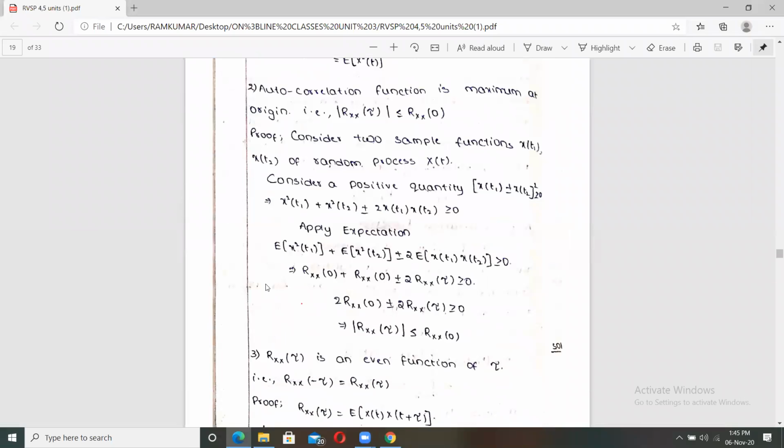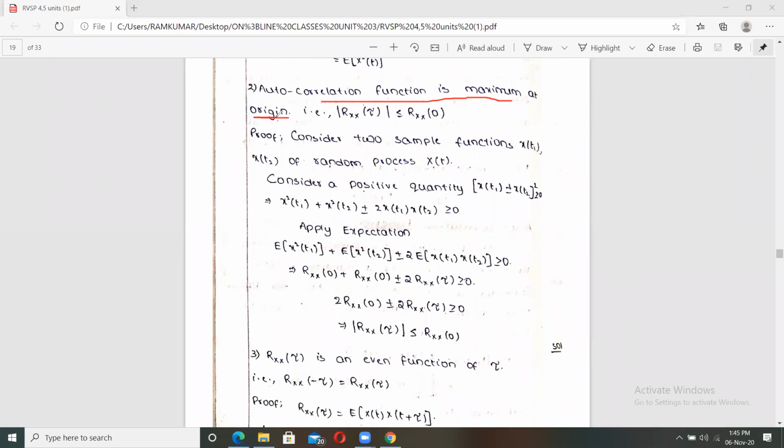The second one is that the autocorrelation function is maximum at origin.